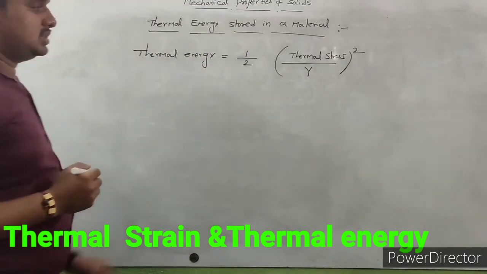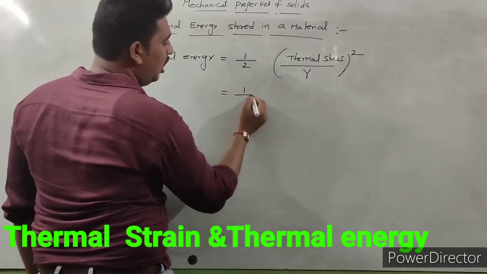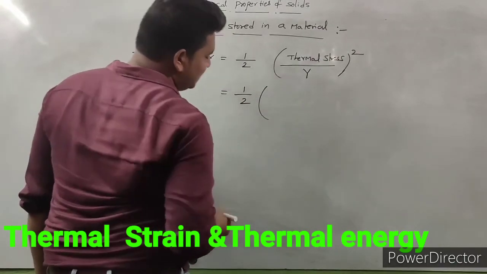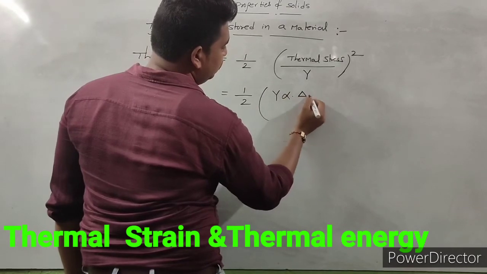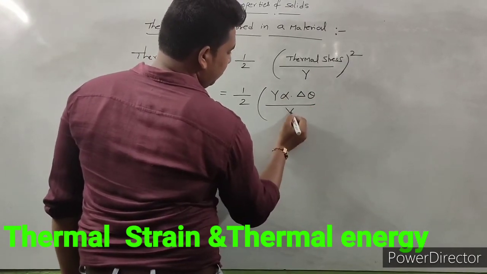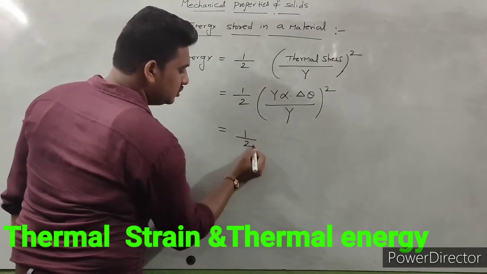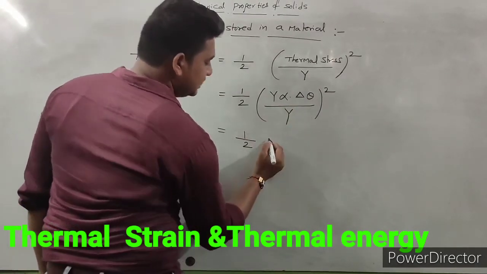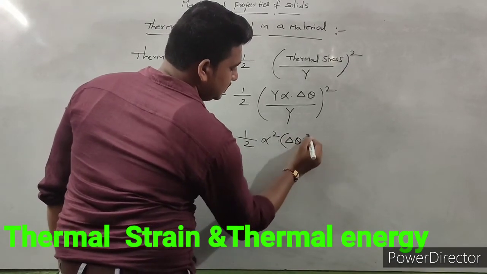Sorry, small mistake: half into Y into (thermal stress by Y) whole square. Here thermal stress is Y alpha into delta theta, so Y cancels, and finally we get half into Y into alpha square into delta theta square.